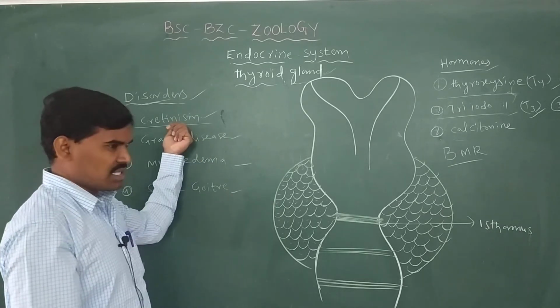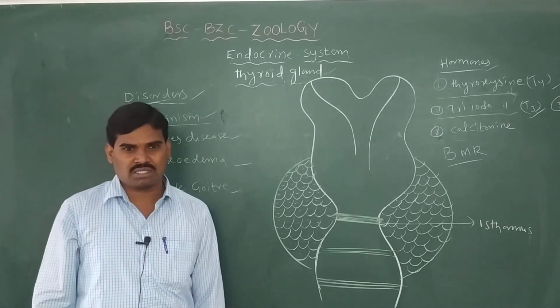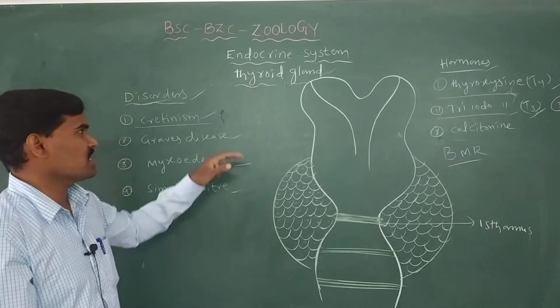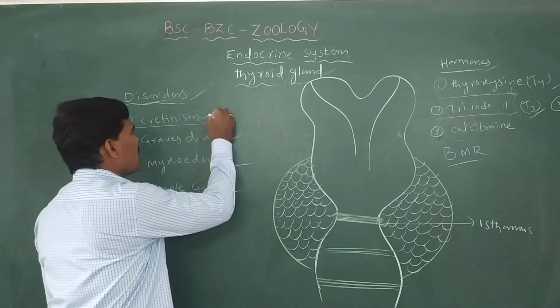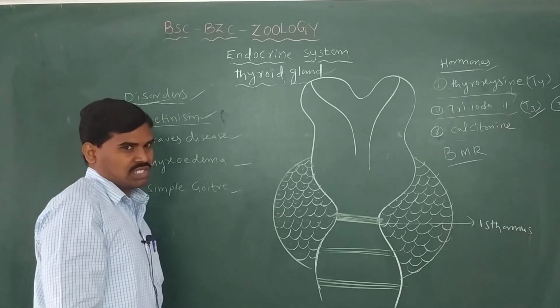Cretinism is a disorder due to hyposecretion of the thyroxine hormone in the childhood stage.